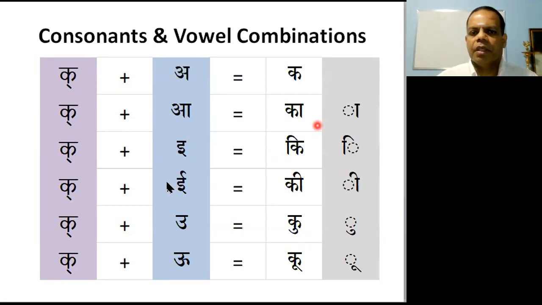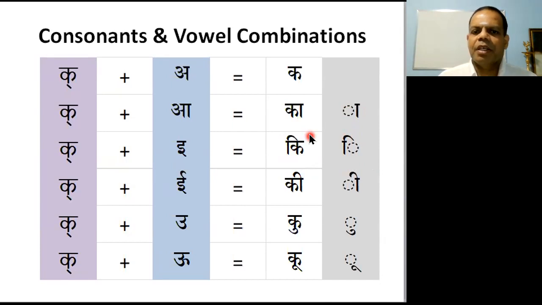Then uk plus i becomes ki. You add a bar in front of that consonant, and then you have a curve, a half semicircle connecting both of them.